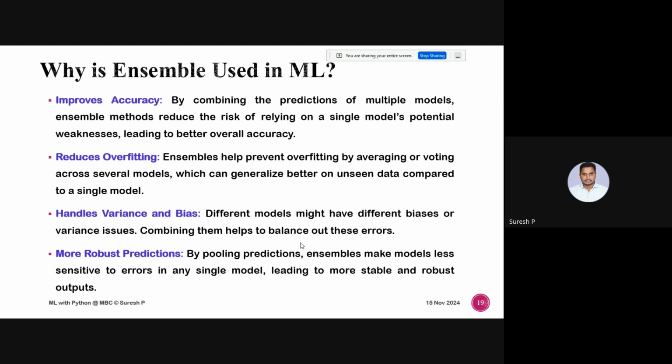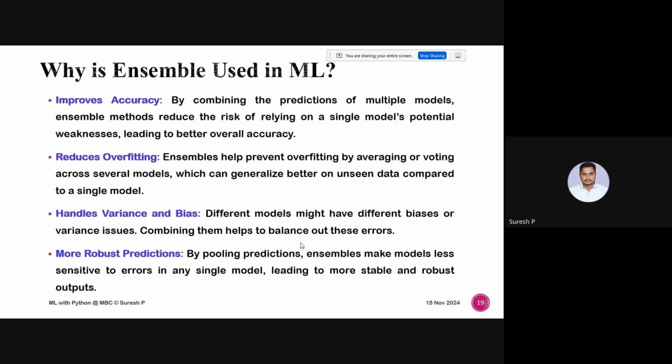And also, whenever you have only one machine learning model to predict something, there is a possibility of high variance and bias. To handle these issues, we can get the predictions from multiple models, so that it will balance the variance error and bias error.